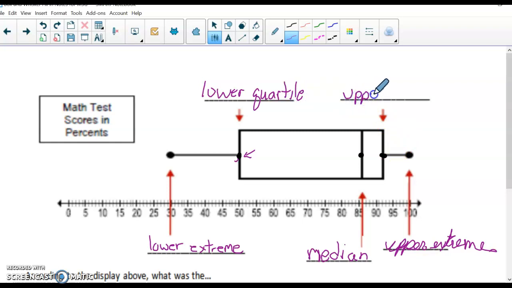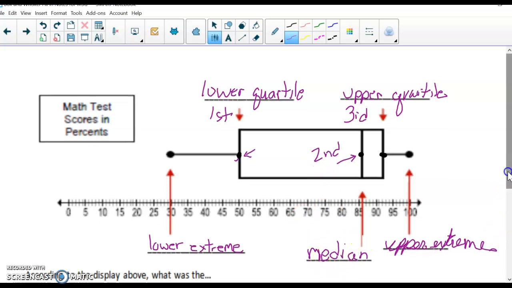Now sometimes the lower quartile and the upper quartile go by different names. Instead of saying lower, you would say the first quartile, and instead of saying upper, you would say the third quartile. And then that would make the median the second quartile. But I very, very rarely see the median called the second quartile. I just see it called the median.